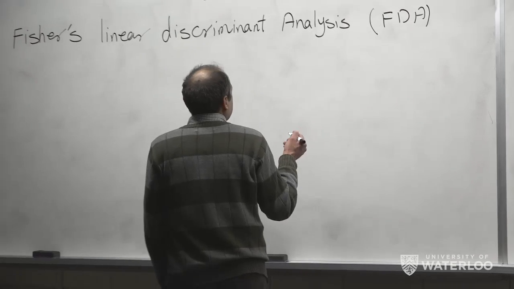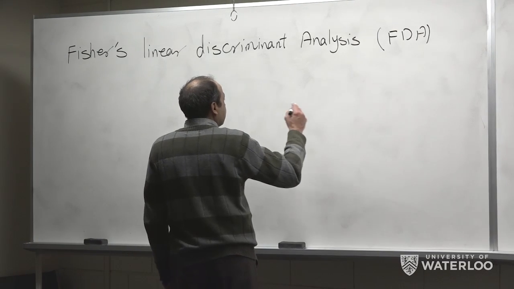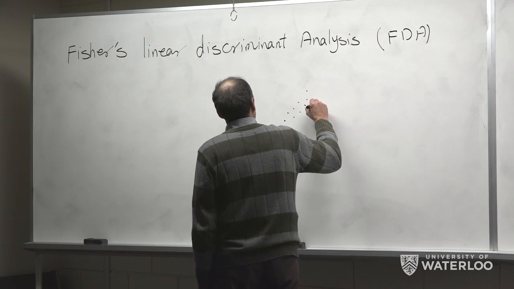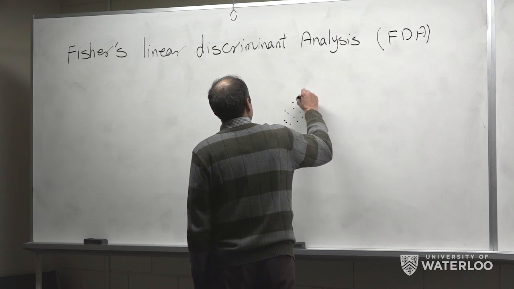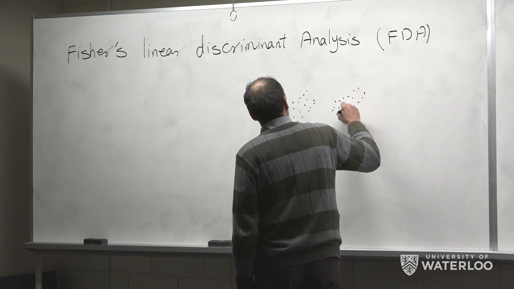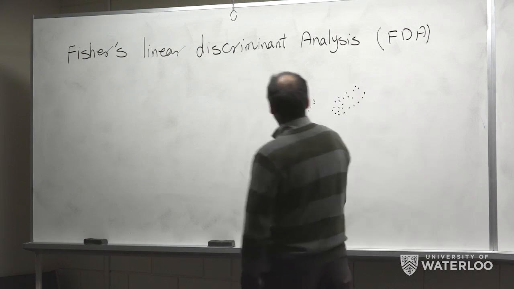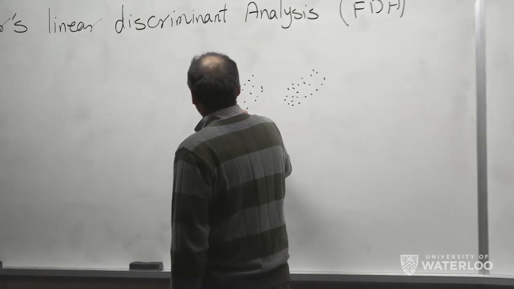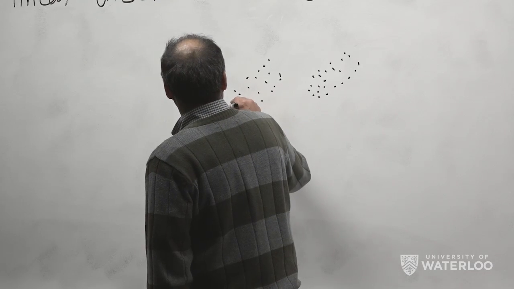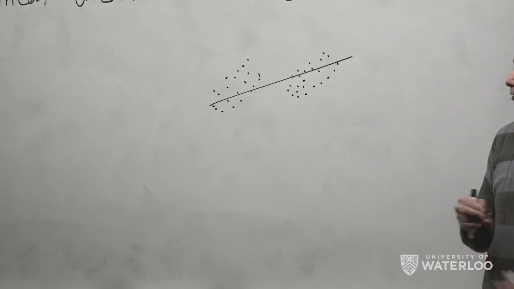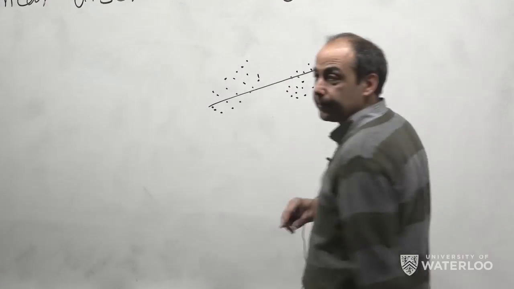So suppose that I have data in this form. PCA most likely will capture a direction like this, which is along the direction of maximum variations of this data. Okay.